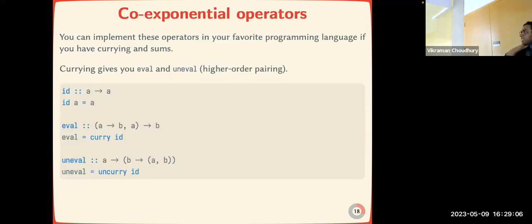So what are these co-currying operators? If you have currying, you get evaluation, which is you have a function A to B and you have A, you can apply by doing curry on ID. You can do uncurry of ID, which is basically pairing, but it produces a higher order function. We never think about uncurry on uneval.